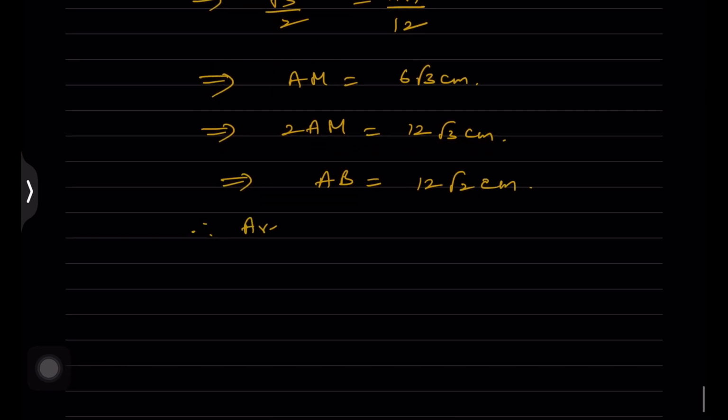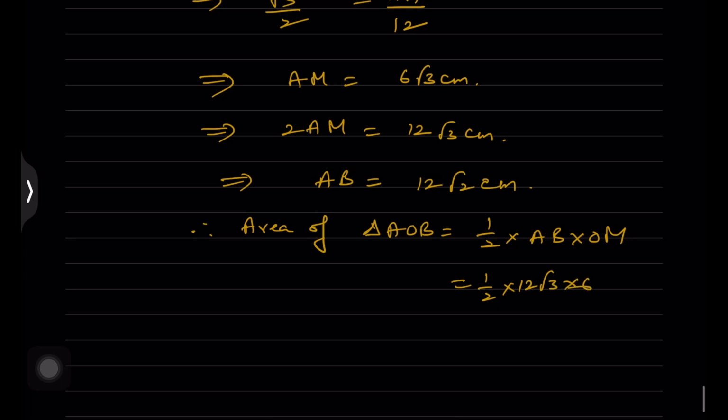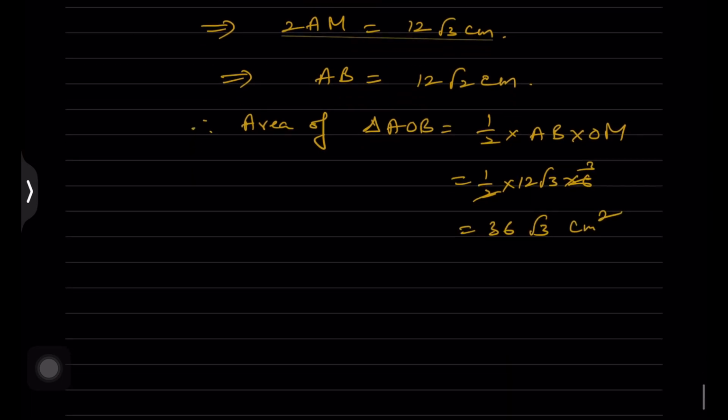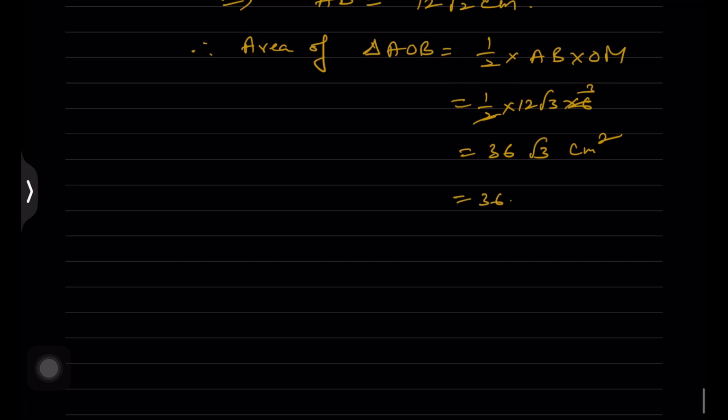So therefore area of triangle AOB is equal to half into base into height, which is half into 12 root 3 into 6, which is 36 root 3 centimeter square.